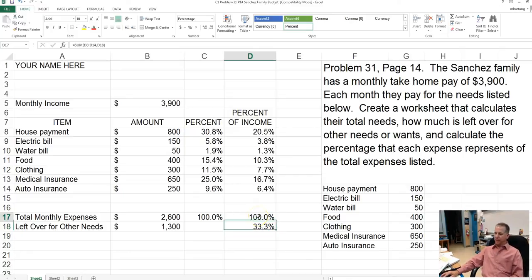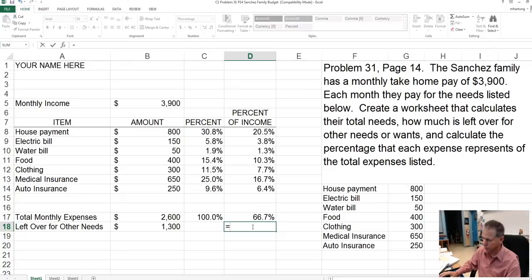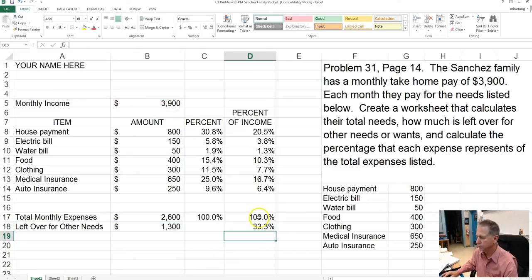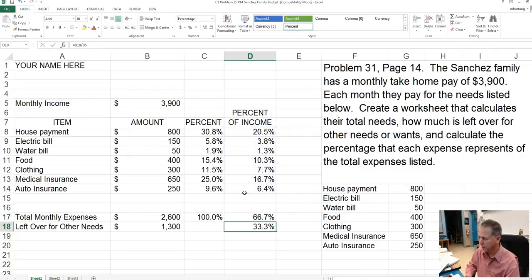Now, I had a bit of a magic move there. You'll notice that if we had done it the way we had done it before, it would not have equaled 100%. So let me show you that again here. Well, there it is right there. So if we had just done like we had done earlier, equals sum, and only included our expenses, we would get an answer that looks like that.